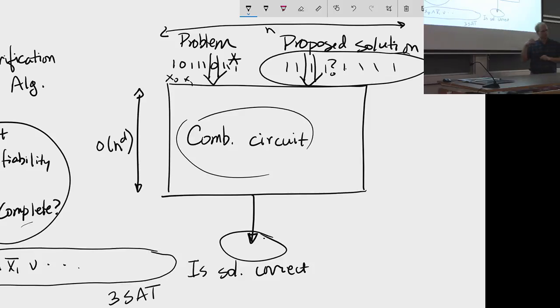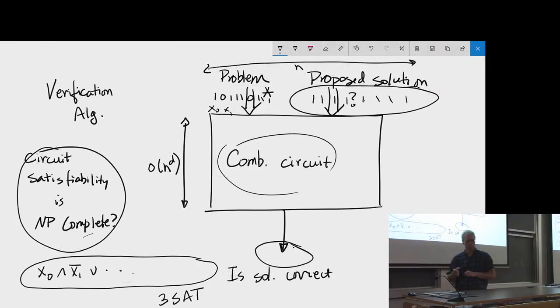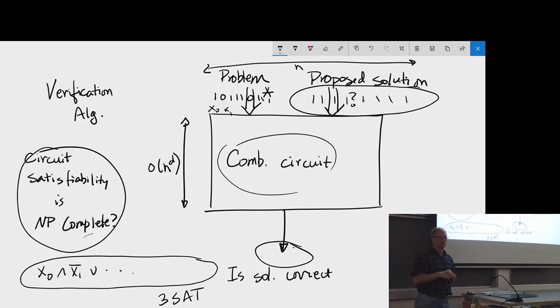So both the method satisfiability proof of NP completeness and the circuit satisfiability proof of NP completeness depend on that fact. They all have verification algorithms. You can take the verification algorithms and turn them into inputs for either circuit satisfiability or method satisfiability, and thereby solve any problem from NP with a single algorithm.